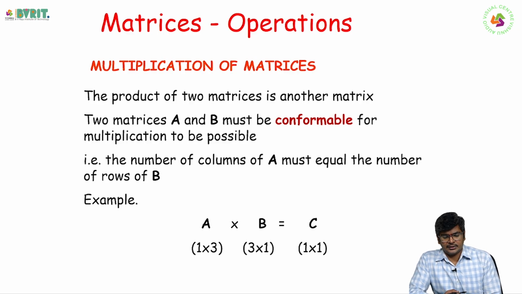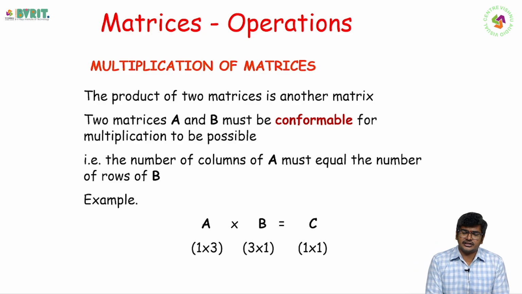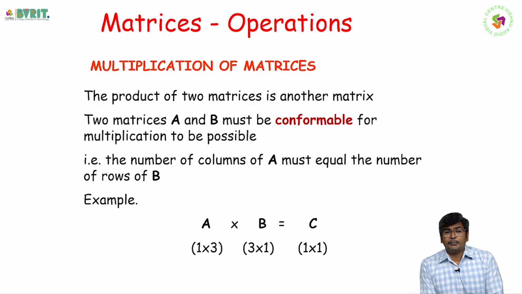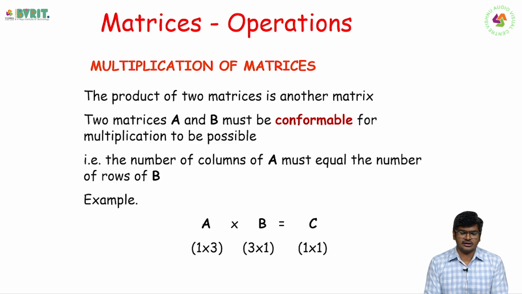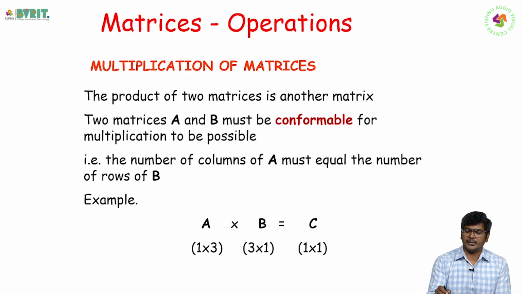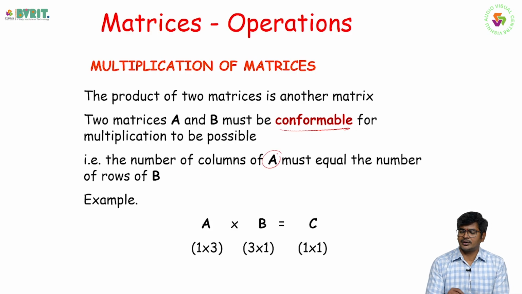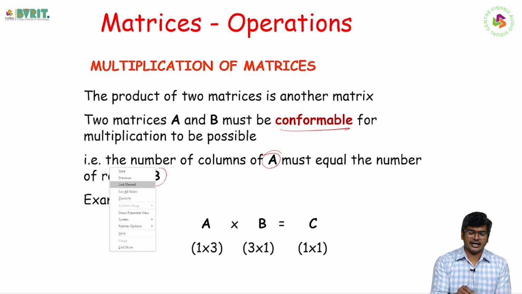But in multiplication, the product of A and B exists if the number of columns of the first matrix is equal to the number of rows of the second matrix. Then A into B exists. So the number of columns of the first matrix must be equal to the number of rows of the second matrix.